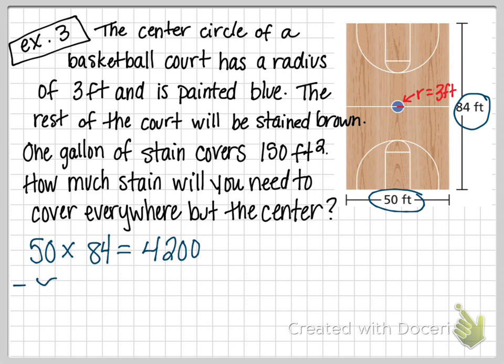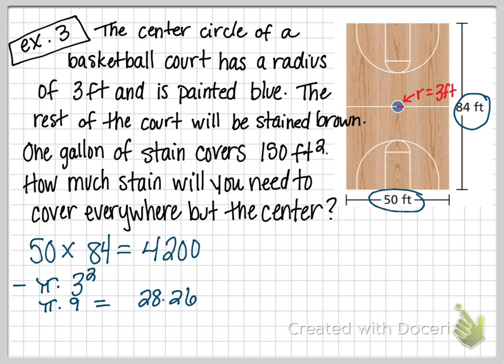So the area of that circle would be pi times 3 squared, right? Or pi times 9, which is 3.14 times 9, 28.26.